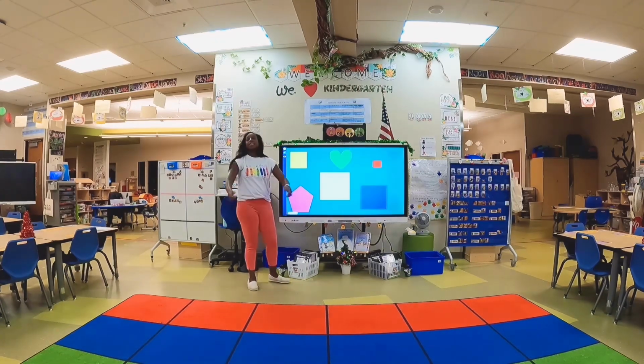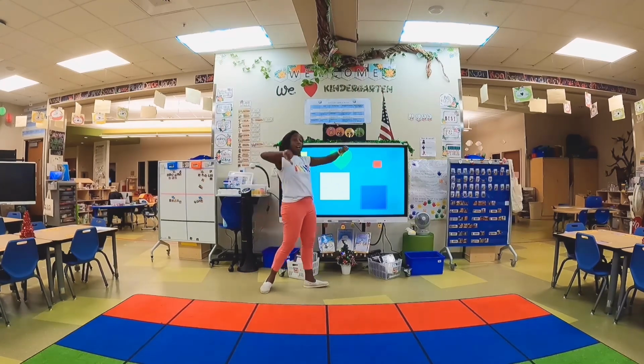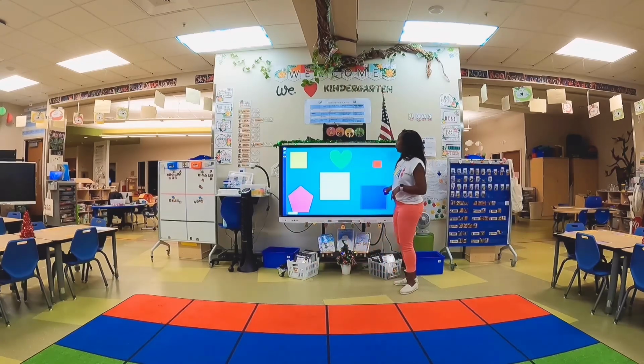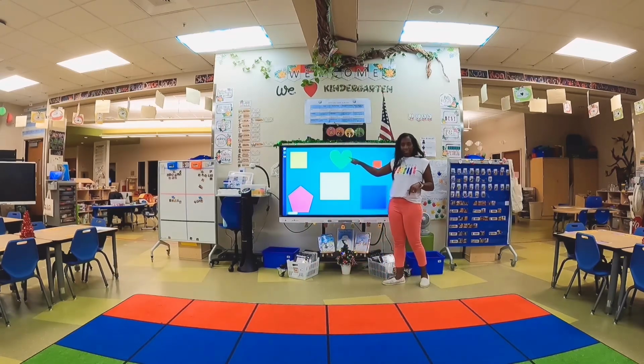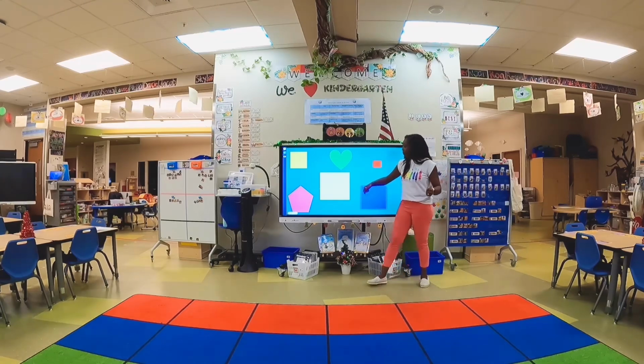Okay, so now give me a thumbs up if I point to a square that is a shape, and give me a thumbs down if I point to a shape that is not a square. Here we go. Is this a square? No, it is not a square. What about this little shape? Is this shape a square? Yes, it is a square. What about this shape?